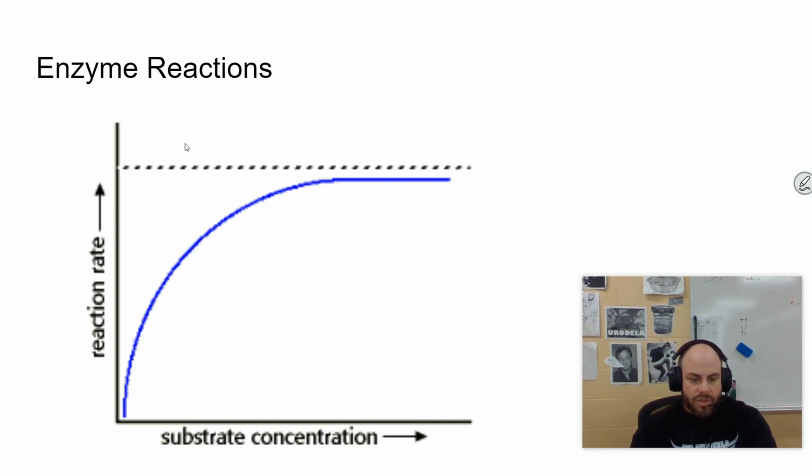And what this picture is showing you is that the enzyme will only react as long as there is substrate available. The enzyme's not doing work if there's no work to be done. Once all the substrate is gone, the reaction rate will kind of taper off. So as long as there's substrate available, it's going to go up. But when the substrate availability decreases, the enzyme activity is also going to decrease, which is exactly what you would expect.